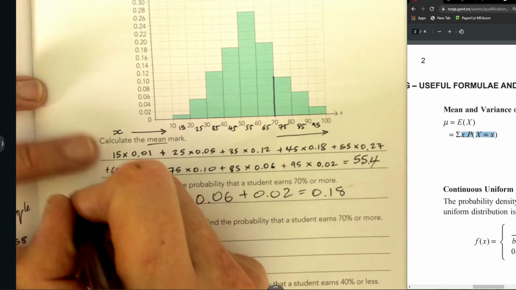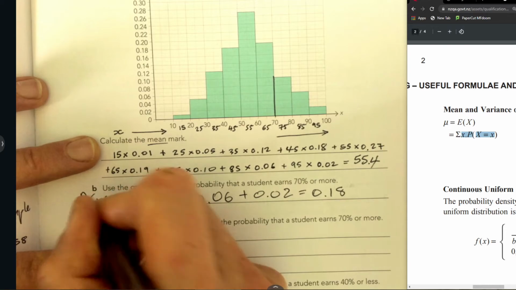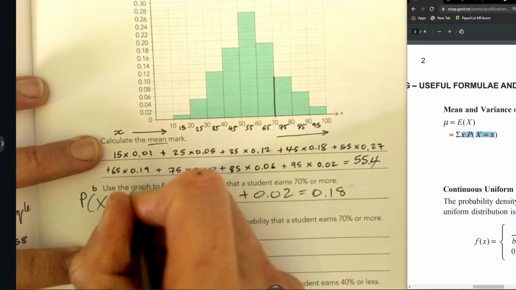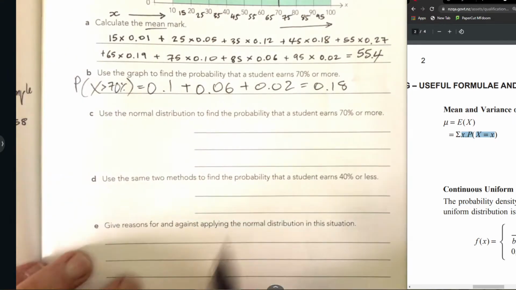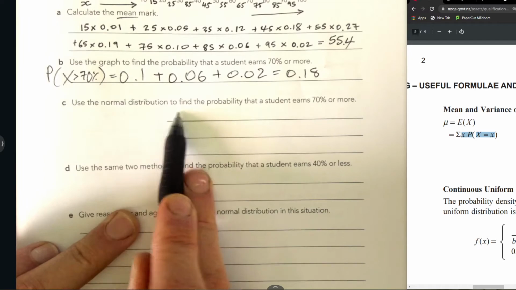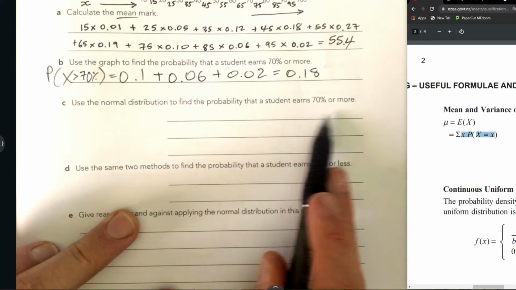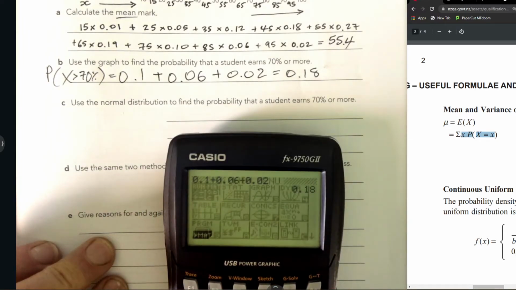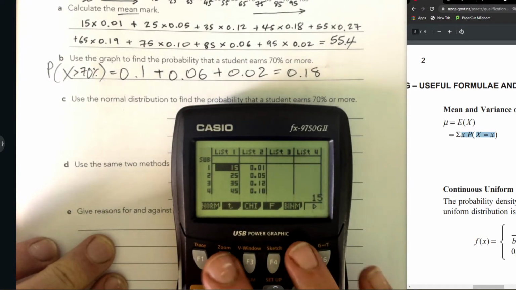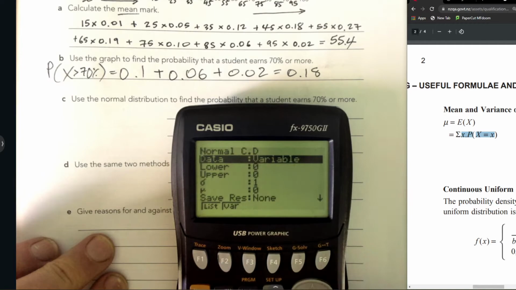We could write a probability statement. P(X > 70%). That's a full way to write it. Use normal distribution to find, ooh, look at that. So that's a model to find the probability that a student earns 70% or more. I'm going to cheat and show you why the calculator is such a big advantage.